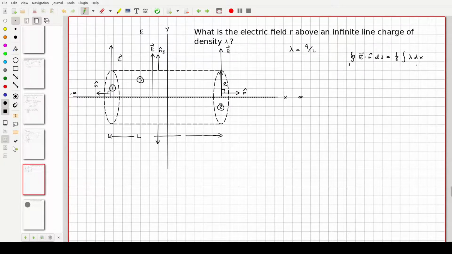So if I were to take this closed surface here, this integral, and break it up into three parts, you'd have an integral of the electric field dot n hat dS over the first part right here. Then you have another part, E dot n hat dS over the second part right here. And then a third part, E dot n hat dS over our third area right here.